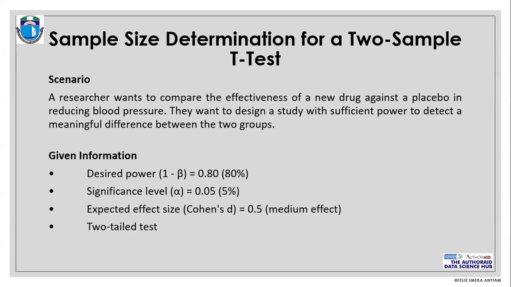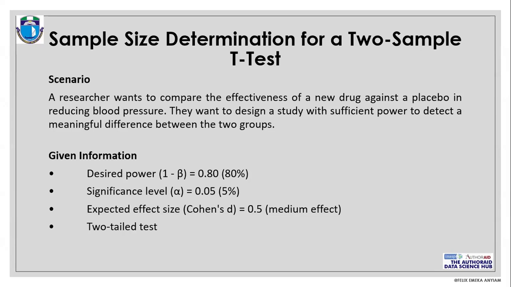So I want to carry out a study like this, and I want to determine my sample size. And I want that sample size to have enough power so that if there is a significant reduction in blood pressure as a result of the new drug, it will be there. The statistical significance will be obvious.